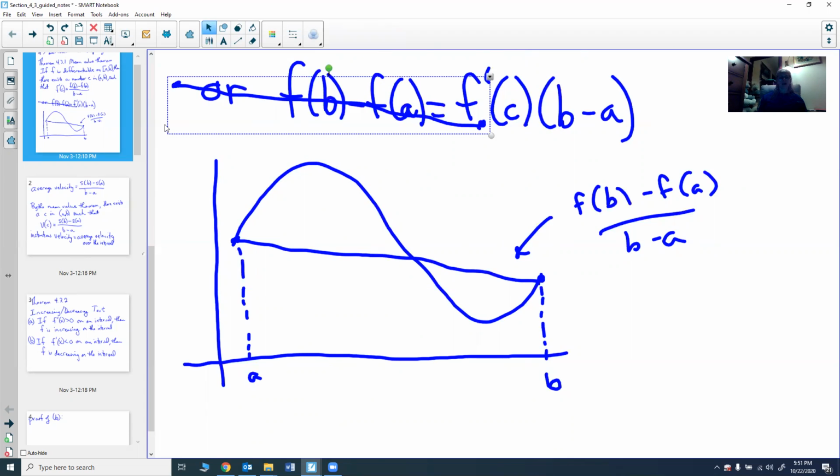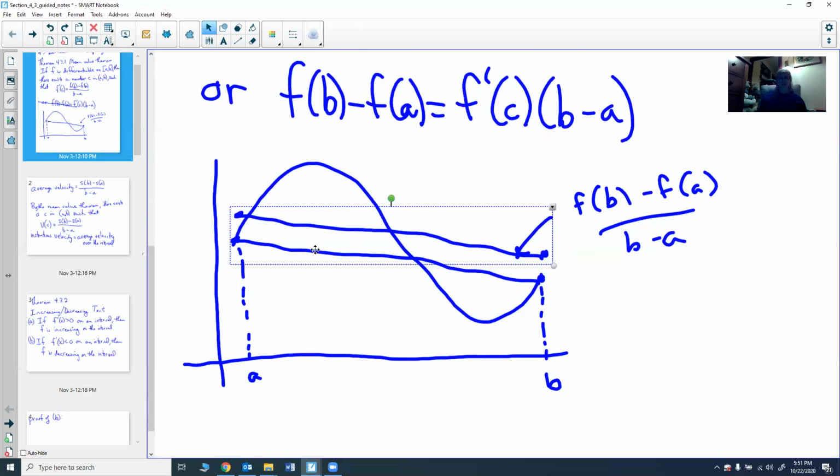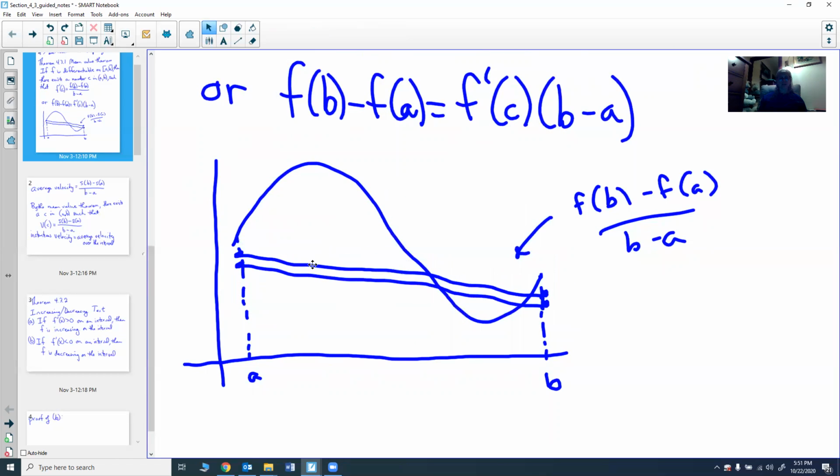Now I can move that line along until I find a place where it's a tangent line, because that's what the derivative is: a tangent line with the same slope.